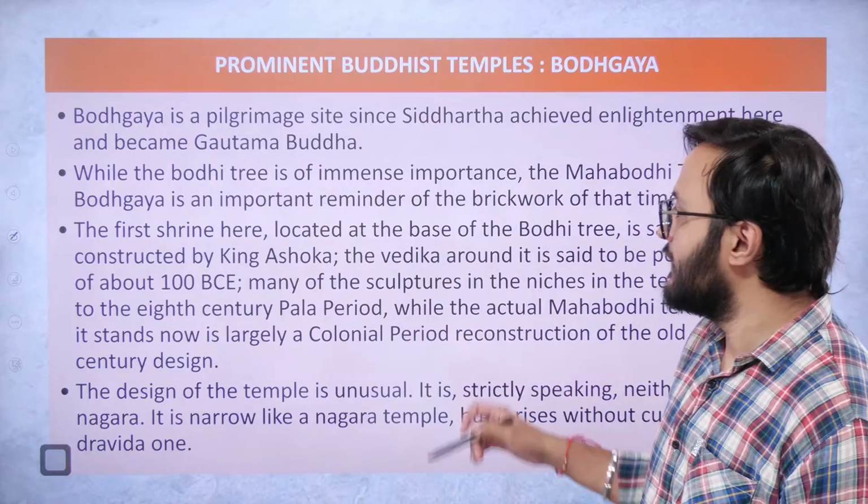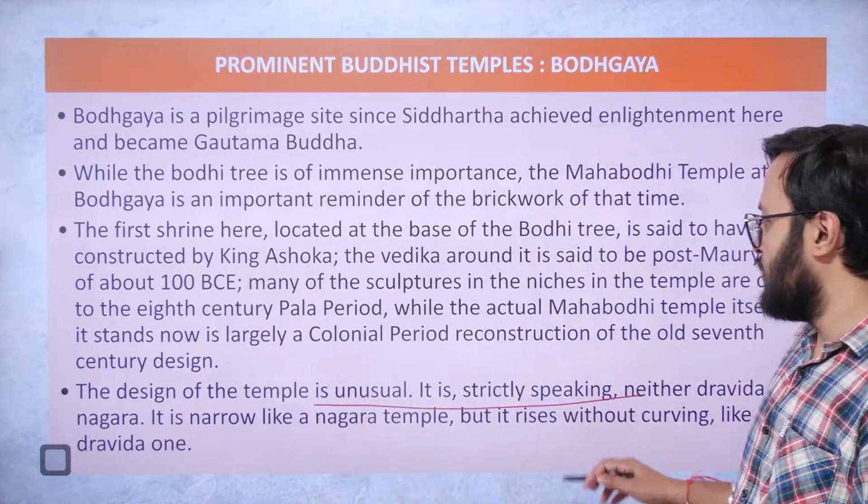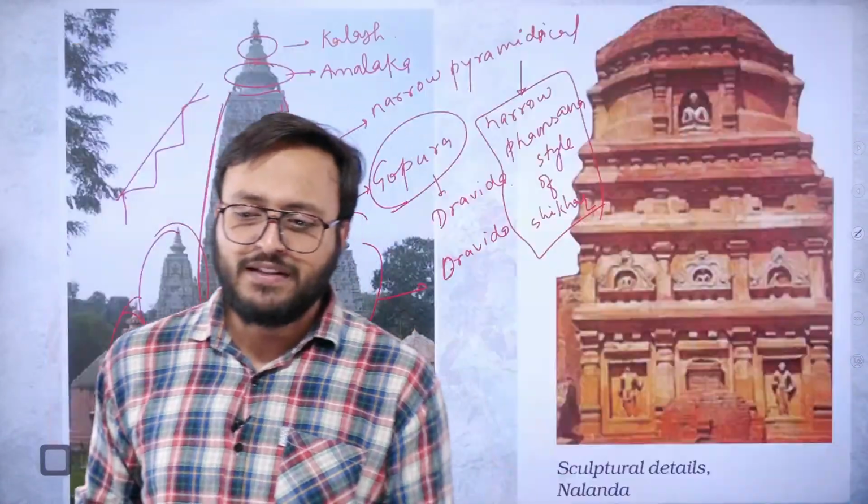For example, here, look at this one. This temple is quite unusual. As I told you, it does not strictly follow a Nagar or a Dravidian style.